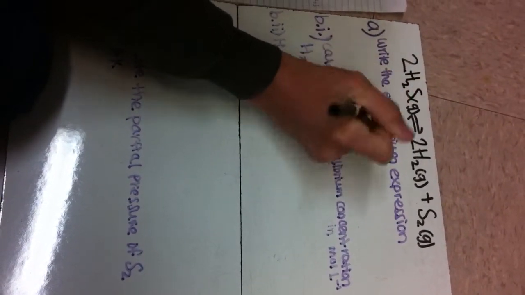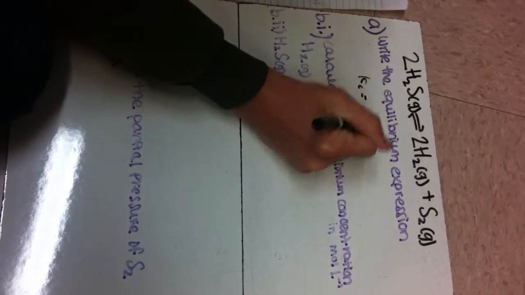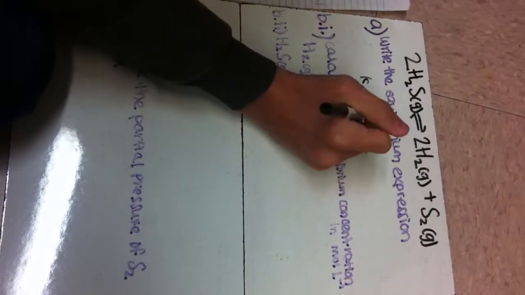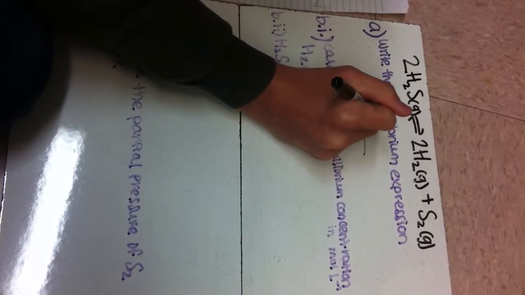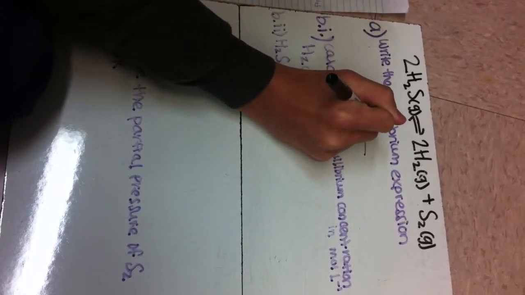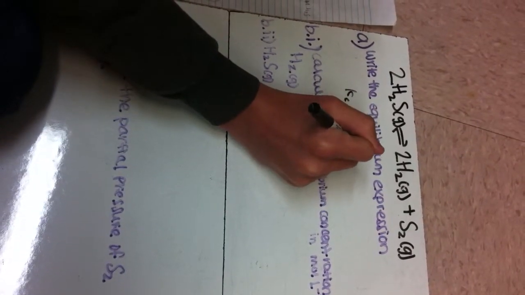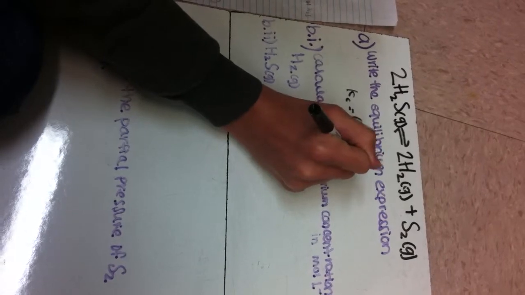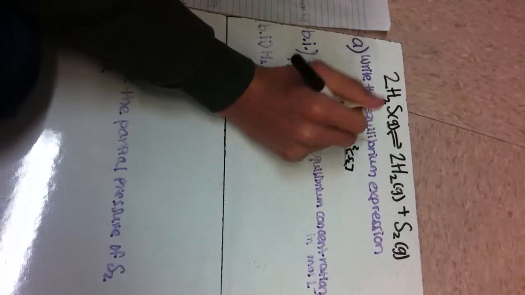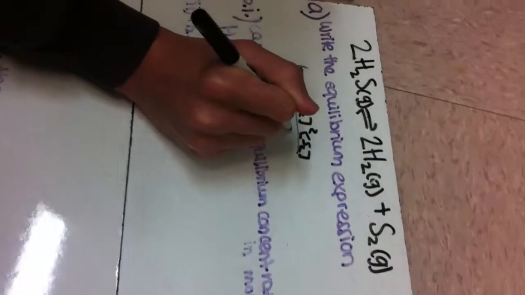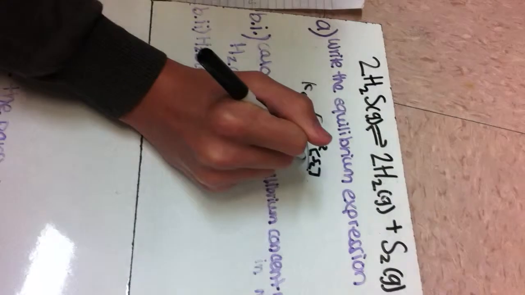Problem A says, write the equilibrium expression Kc. Kc is equal to the gaseous or aqueous products, so the concentration of H2 raised to the power of its coefficient, which is 2, times the concentration of S2, which has no coefficient so no power, over the reactants, which is H2S squared.